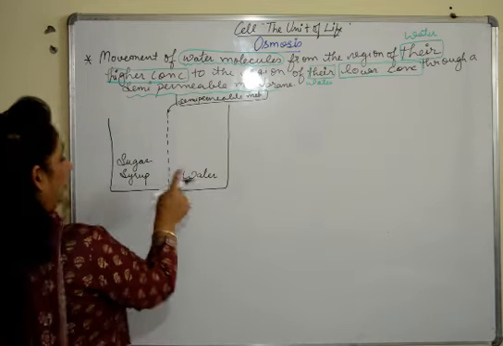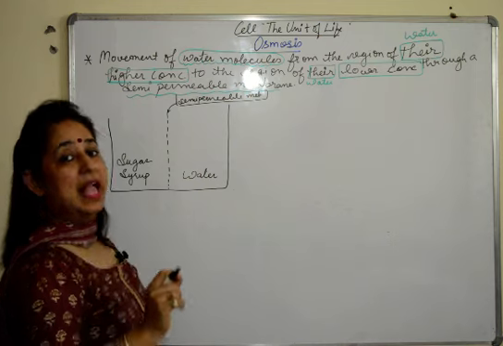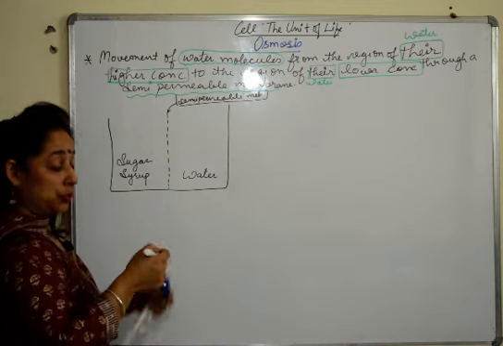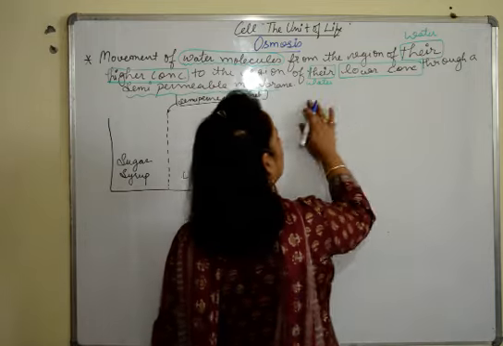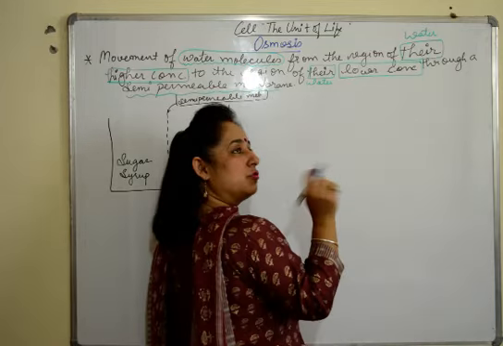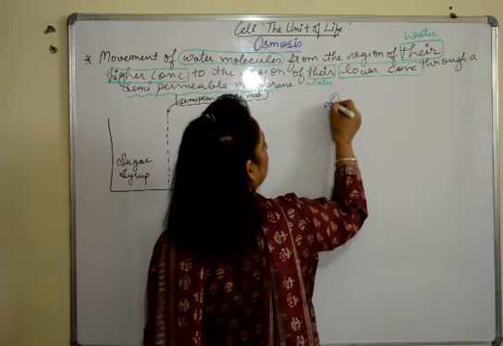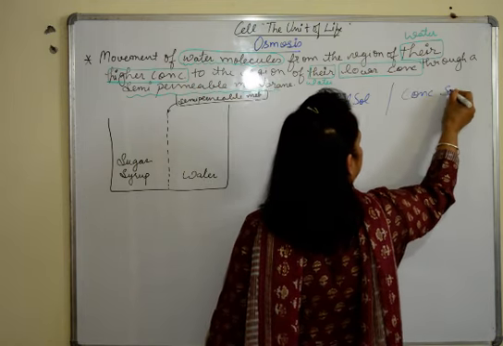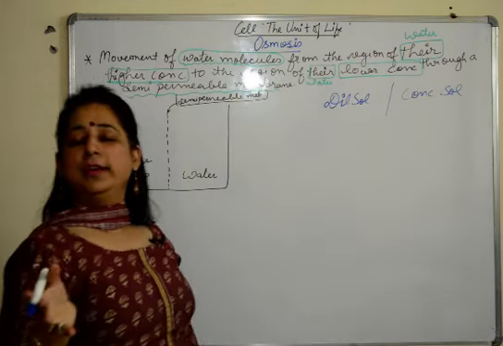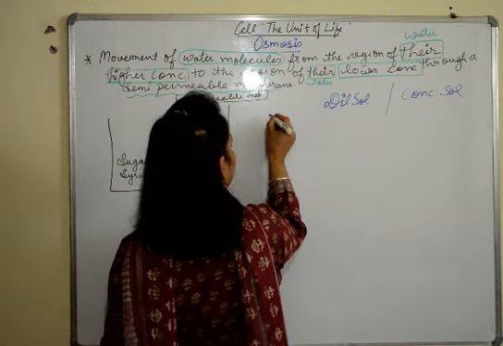Before knowing what is going to happen, we must know about solutions. We all know in chemistry we talk about dilute and concentrated solutions. So one is a dilute solution and the other a concentrated solution. We don't call it dilute and concentrated in our biology. We use the term tonicity here.